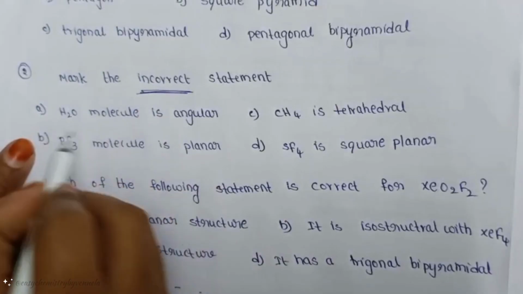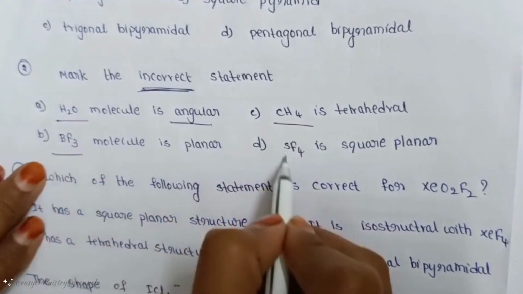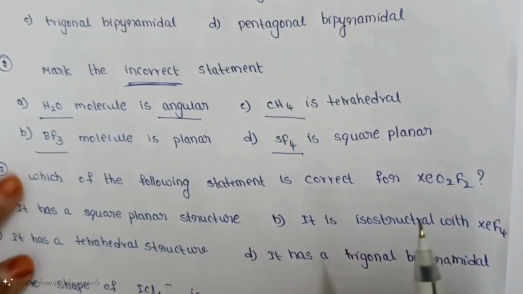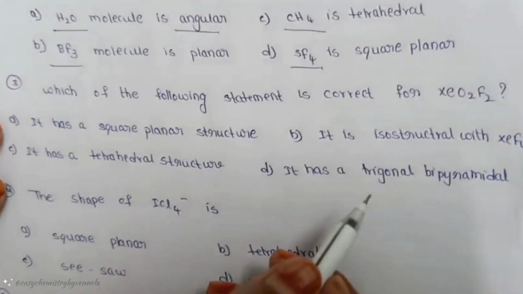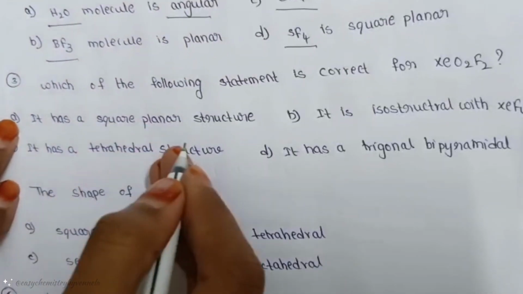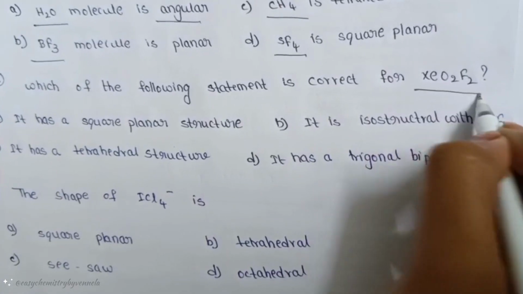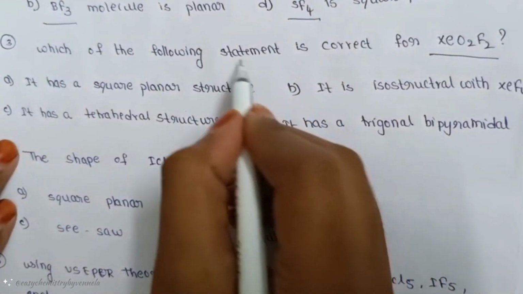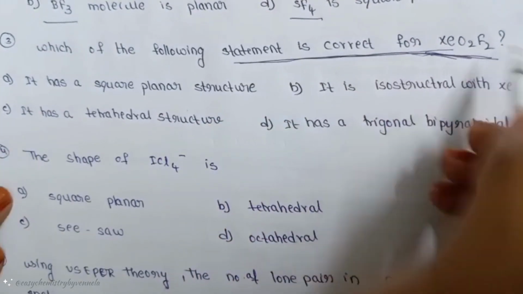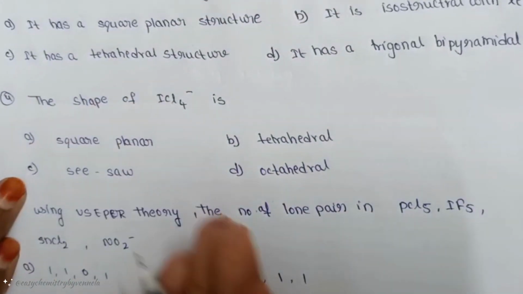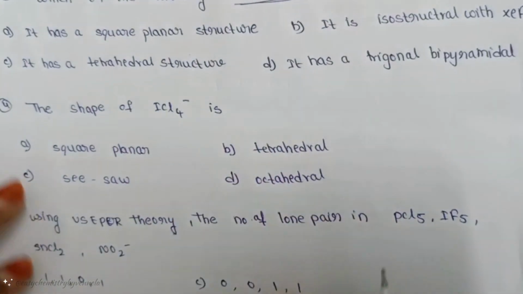What is the shape for water, methane, BF3 and SF4? One more time you can listen to the previous class. You can understand. After these bits are very easy for you. Okay. Next, HCF4. What is the correct statement for HCF4? Once you practice those previous examples, you can easily do this one.